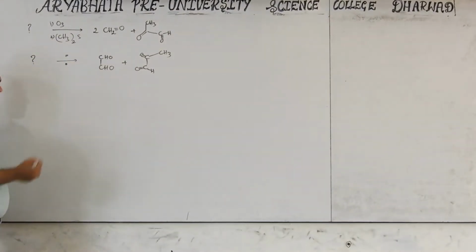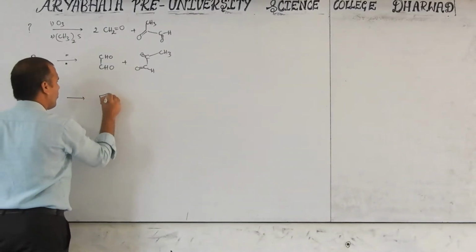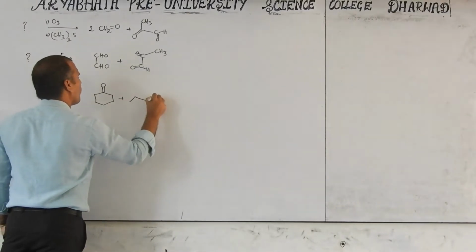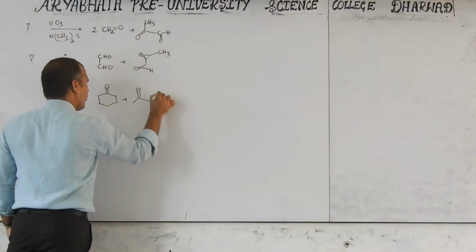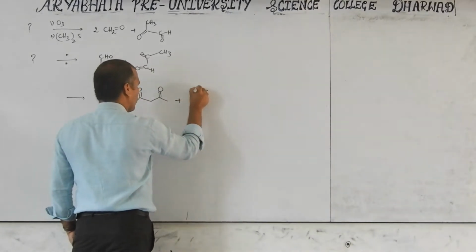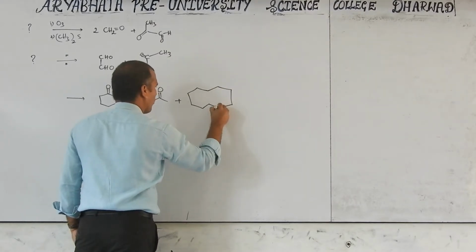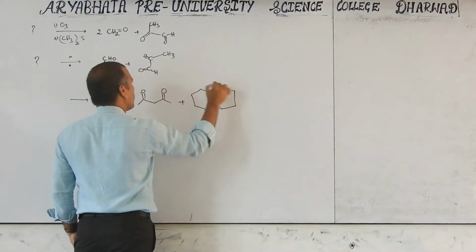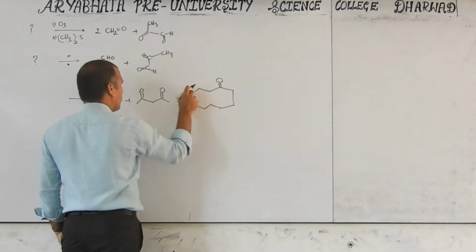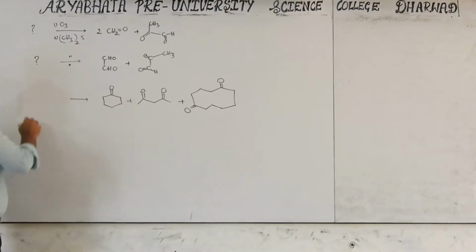Same, on the arrow. Now these are the reactants. These are the products. Then what might be the reactant again?